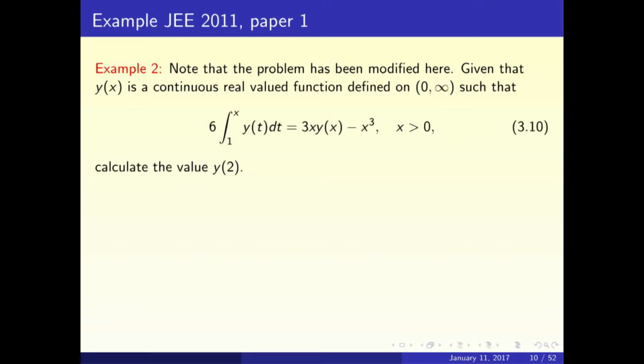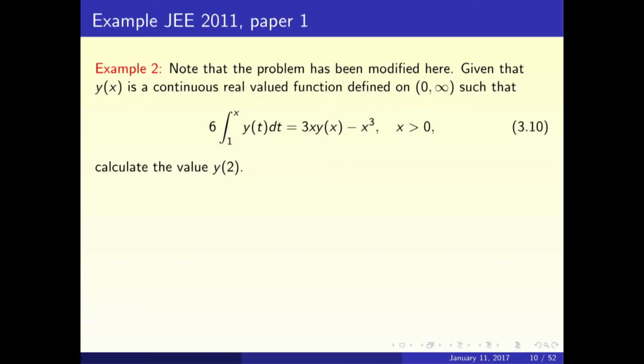It's given that y of x is a continuous function on the open interval 0 to infinity. In the original paper it says y is a differentiable function. I am just saying y is a continuous function defined on the open interval 0 to infinity. And what does it satisfy? It satisfies equation 3.10. Calculate the value y of 2.